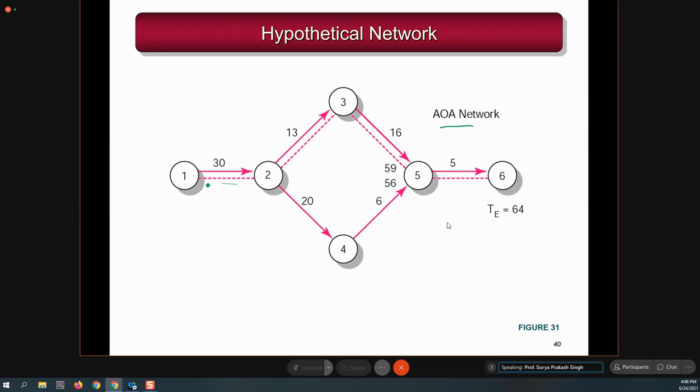So your critical activities will be 1-2. इसको आप कुछ नाम दे सकते हैं, एक्टिविटी A, B, C, D. It is up to you. They are saying 1-2, 2-3, 3-5, and 5-6. So these are the critical activities. Whatever variance we got here, you sum up, take the square root, and you will get the standard deviation of the entire project.